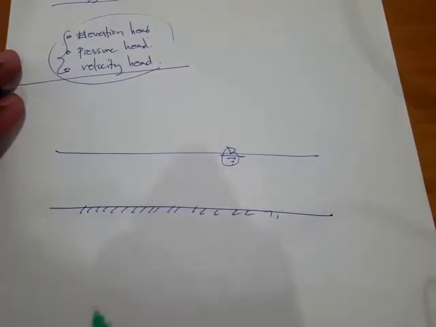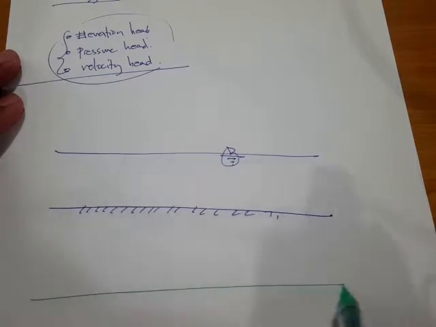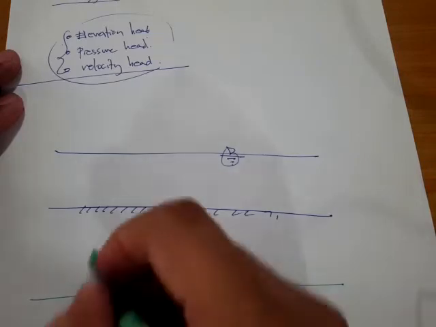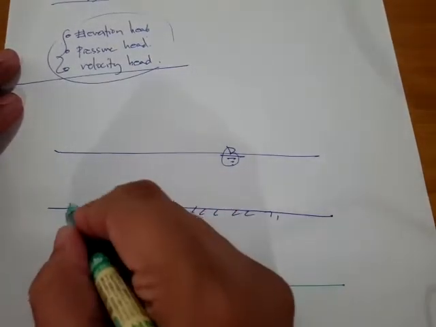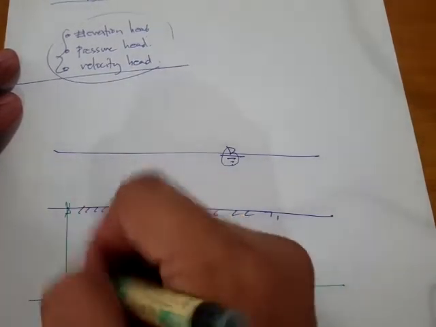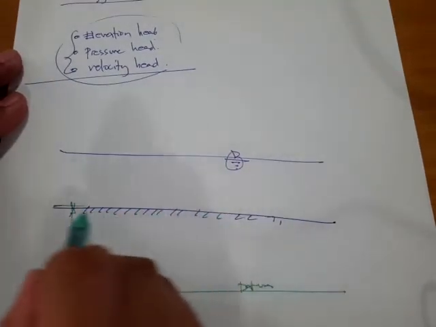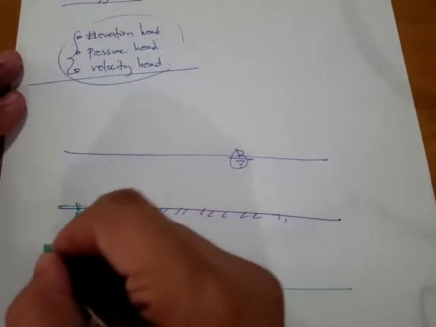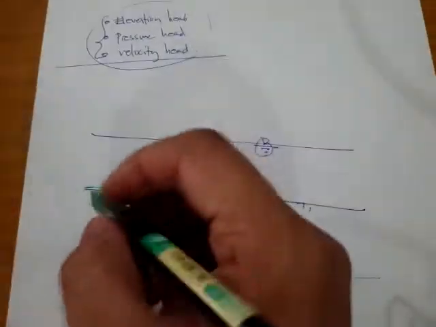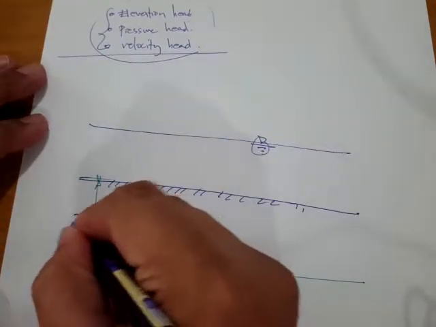And when I say elevation, there's some reference line or arbitrary datum, and that's our reference point. So from this arbitrary reference to the bed of this open channel, that's what we call the elevation head, and we'll use the symbol Z.